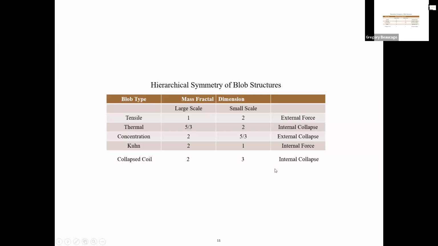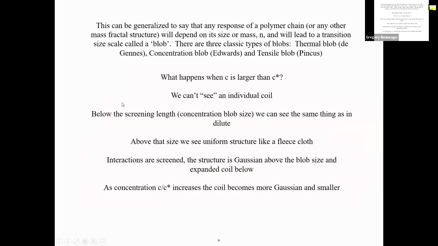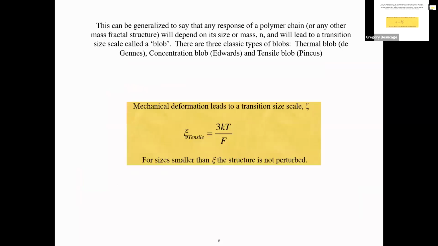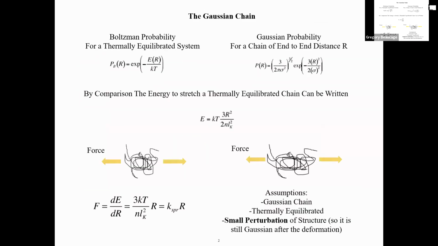I should probably put that on this table. It's actually six, seven; it's probably more. I can go through the concept, but the simplest one is the tensile blob, also called the tension blob. Different people call it different things.